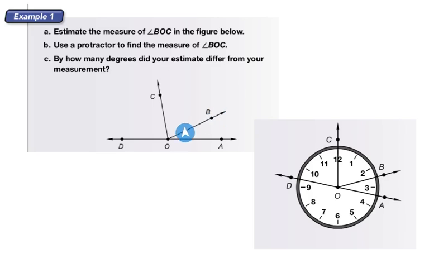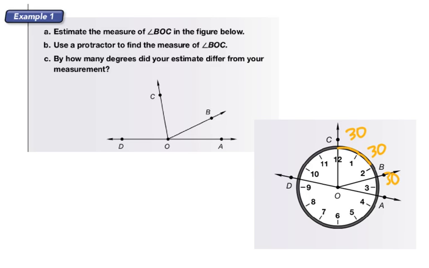Well, if I were to lay this over a clock like this, BOC, and see how we lay this right over the 12, I can get a good idea of the estimate of this angle. I know that from here to here is 30, and then from here to here is another 30, and I know from here to here is another 30. So I know it's going to be less than 90.